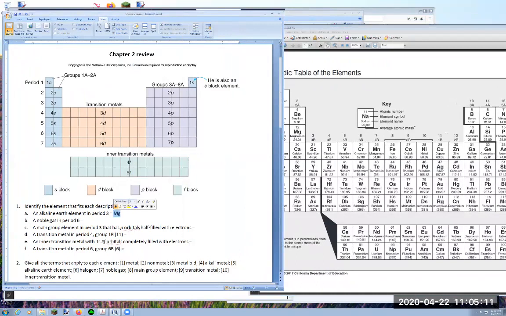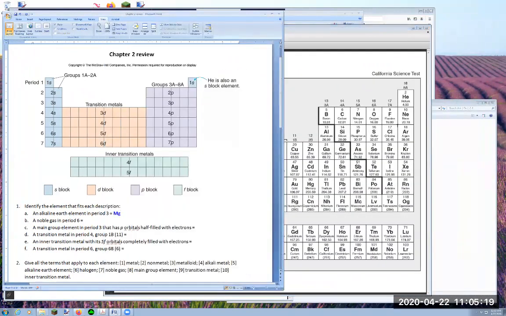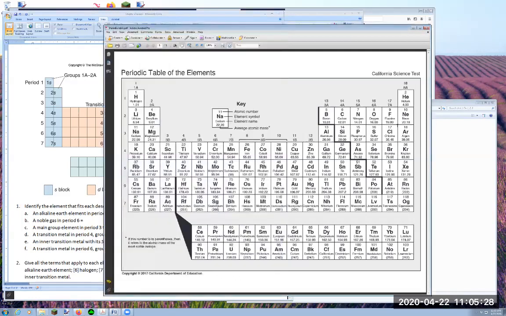So a noble gas in period 6. A noble gas in period 6. Oh, sorry, I hid the periodic table.